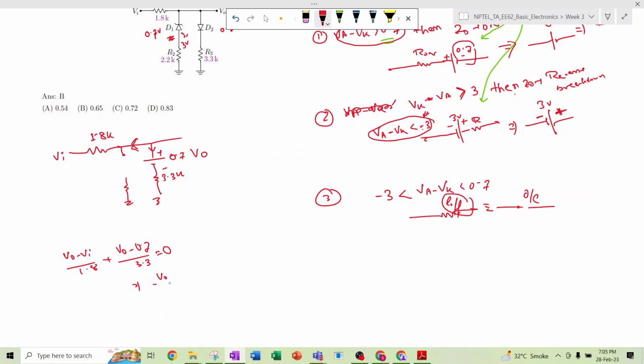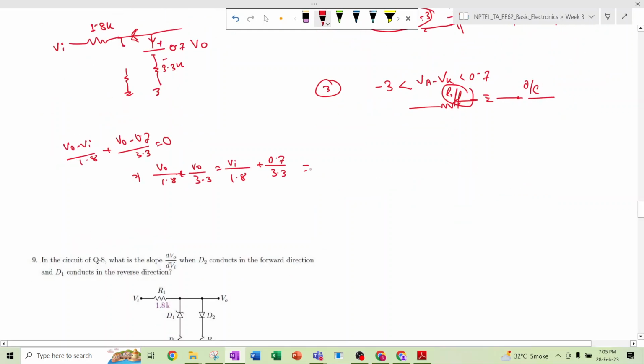That means VO divided by 1.8 plus VO divided by 3.3 equals VI by 1.8 plus 0.7 by 3.3.